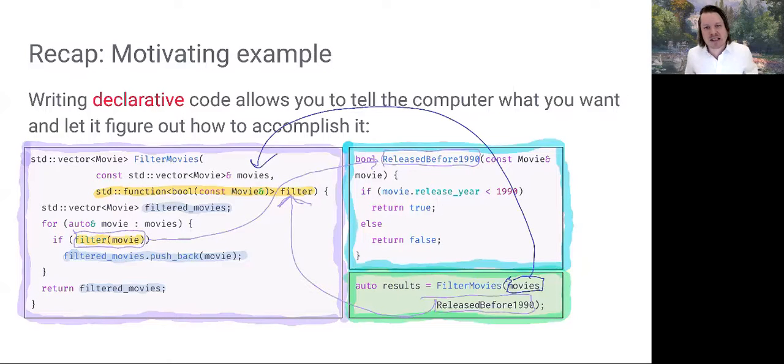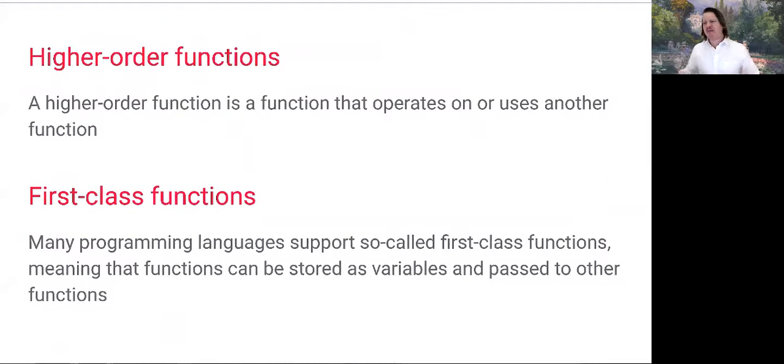And had we passed in a different predicate function to our filter movies, that function would be used under the name filter. Building all of this up, we introduced two new ideas. We introduced higher order functions, which are functions that operate on or use another function, so our filter movies function was a higher order function.